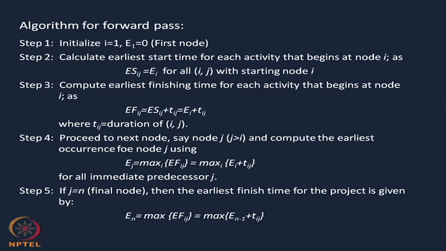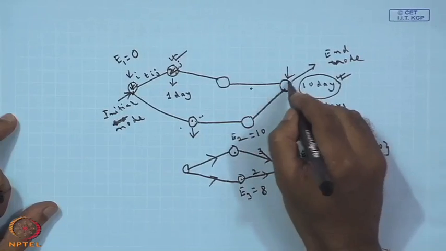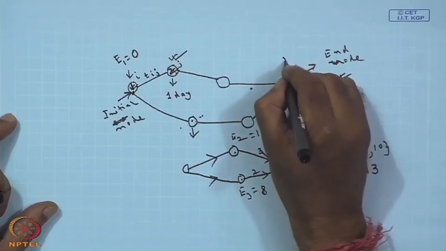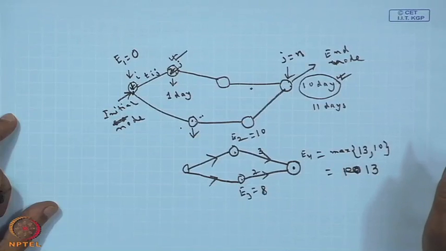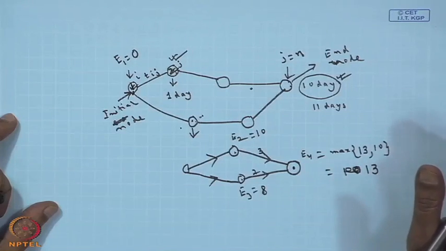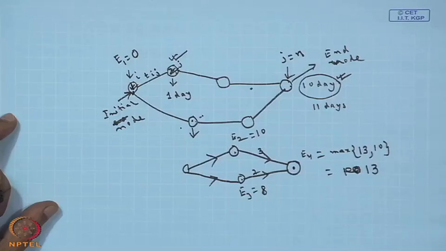The earliest finishing time is similar: when j equals n, the last node, the formula will be E n equals maximum over E f i j, the earliest finishing time of i j, as you can see in the PPT.